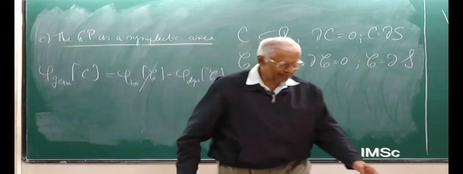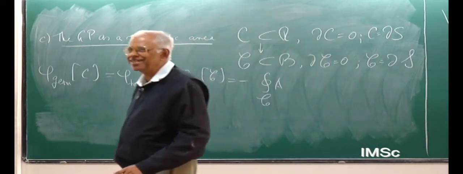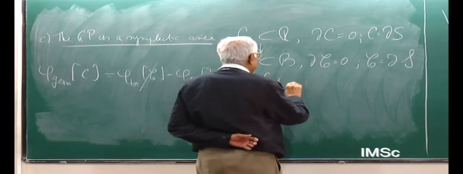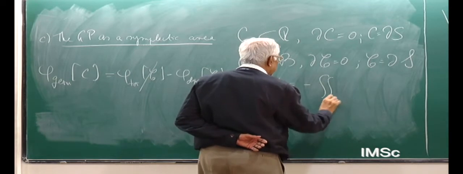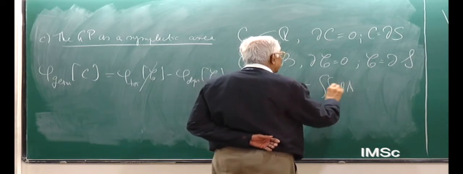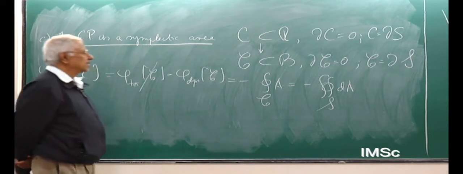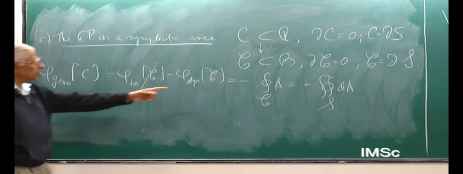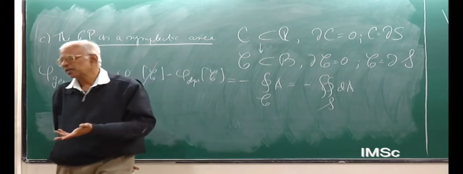Now I do the thing which Berry hesitated to do. You can use Stokes' theorem in any number of dimensions. This is always equal to the 2-dimensional integral of the differential of A. This is an expression written in the machinery of the space B. And this is Stokes' theorem in the language of differential geometry.